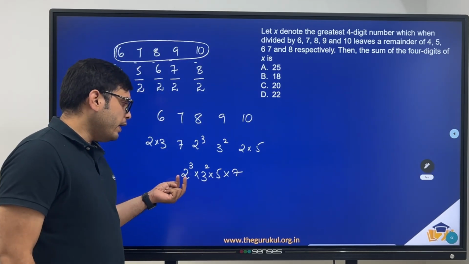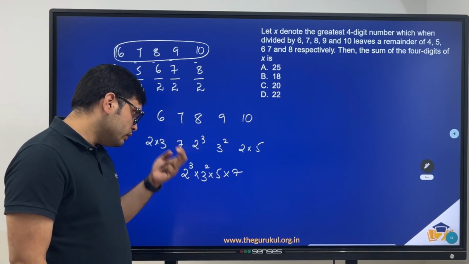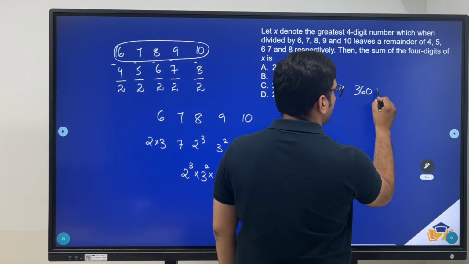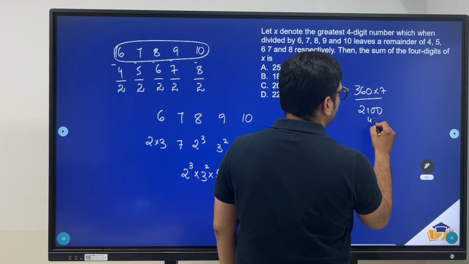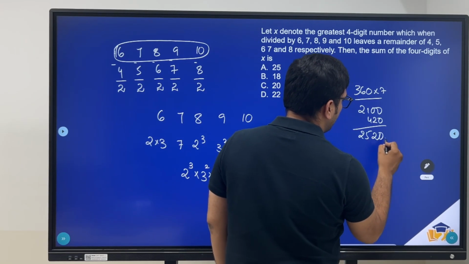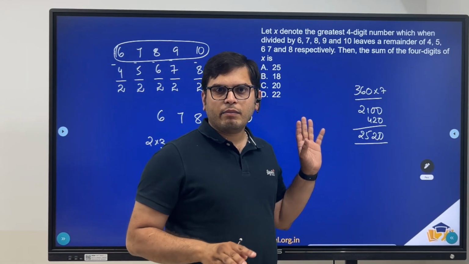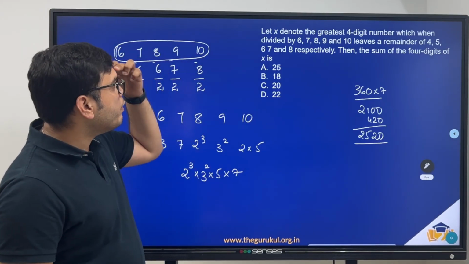So 2 cube is 8, 8 into 5 is 40, 40 into 9 is 360, 360 into 7. So 360 into 7 should be 2100 plus 420, 2520.